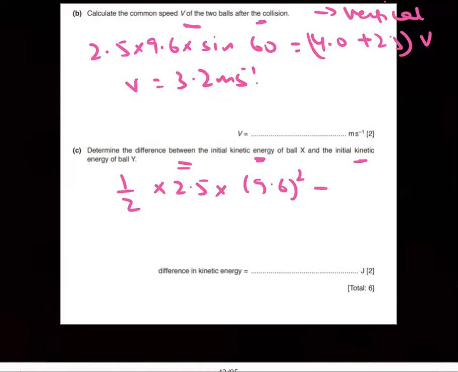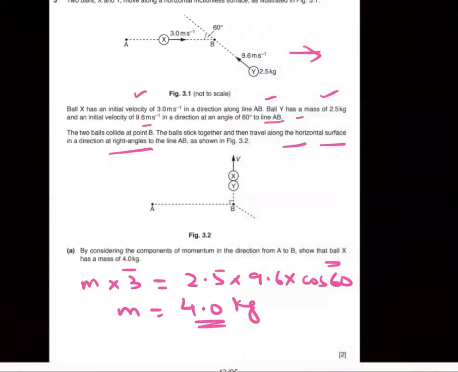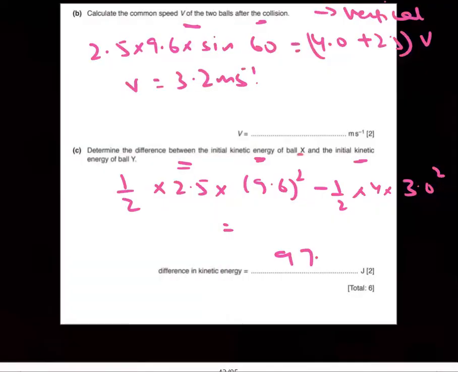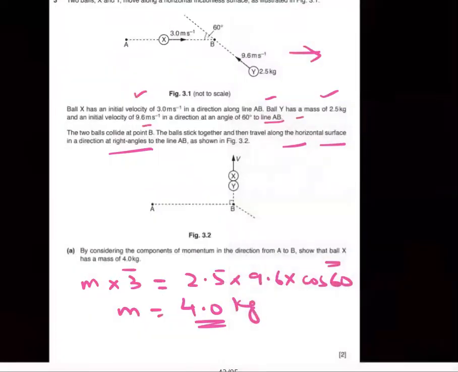This was the initial, and this is the final, so we are getting a value of 97 joules. I hope that you guys have understood this part. So they were asking about ball X and ball Y initially, right? So initial was 9.6 for one and it was 3 for the other. So it was pretty straightforward.